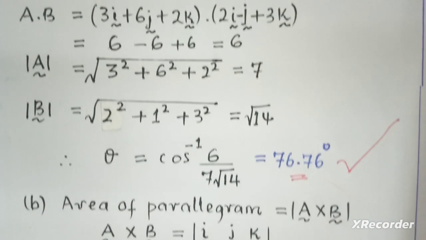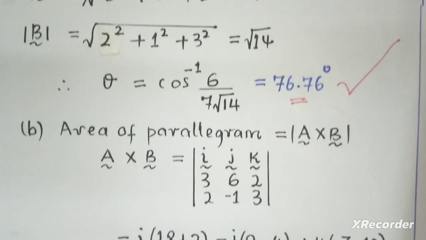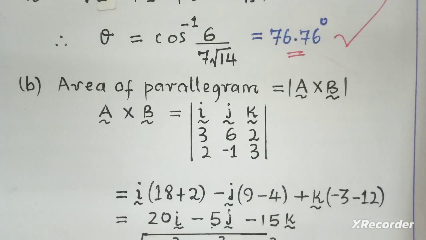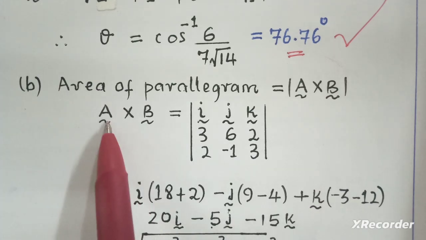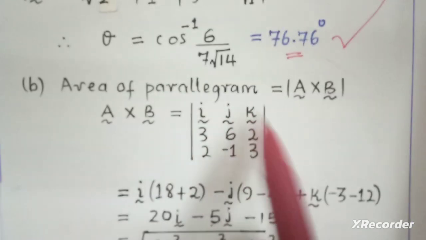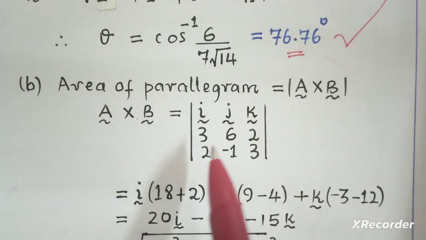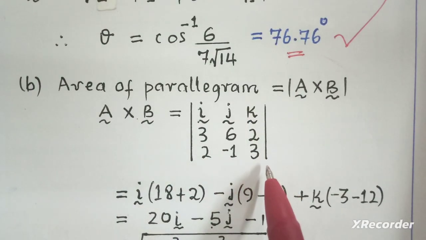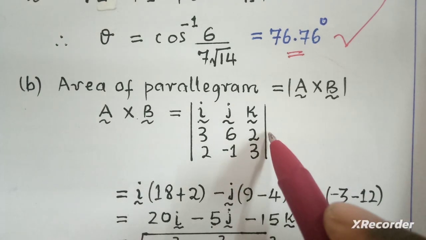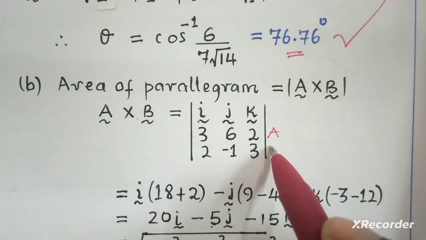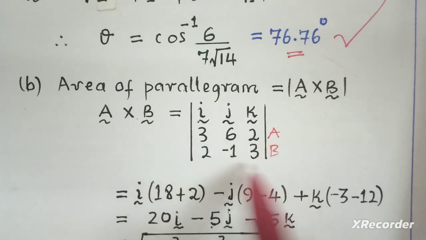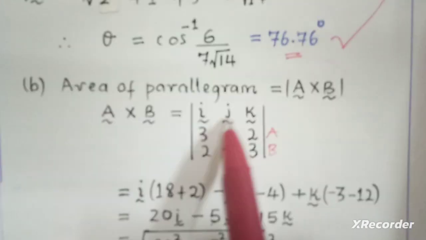Then we come to the area of the parallelogram. For the area of the parallelogram, this is similar to the cross product, of which we get it by use of this arrangement. It's like we are looking for the determinant of this matrix. This is our A here, and this is our B vector here, represented in terms of coefficients, while the I, J, and K are there.